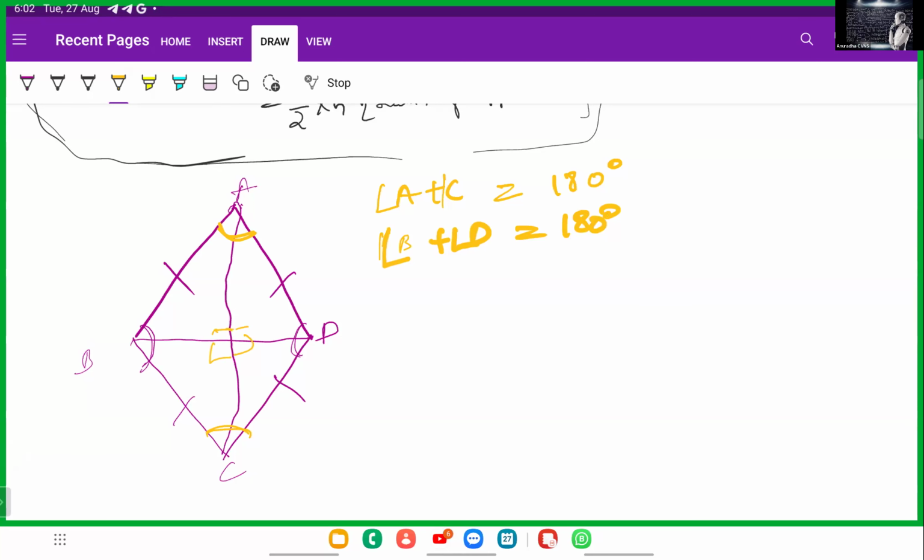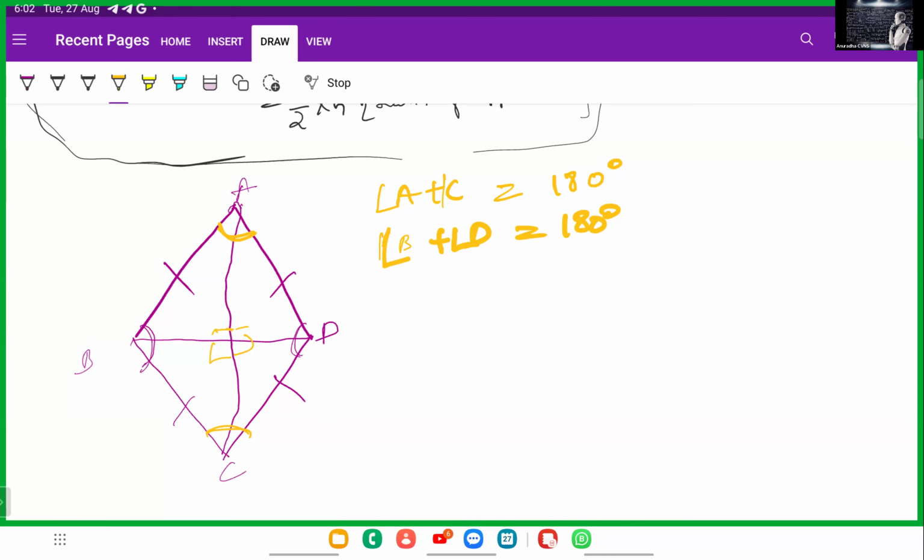Like in rhombus and square, both make the supplementary, no sir. In square, all the angles are 90 degrees. So if we take adjacent angles, 90 plus 90, 180, and here also in rhombus 180 degrees.